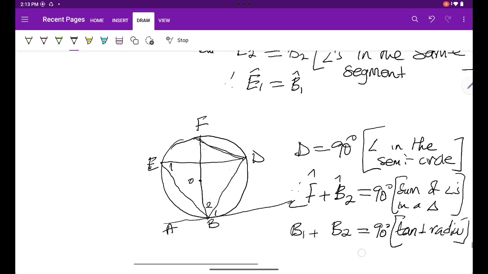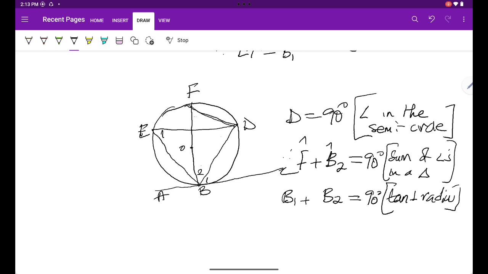Right. So now we can make a simple conclusion here. This is 90, this is 90, this is B2, this is B2. Therefore we conclude that F equals B1. From these two statements, we can conclude that B1 and F are equal.